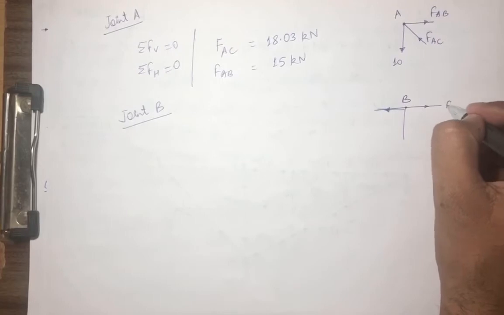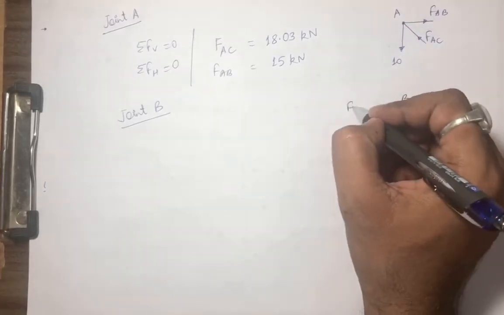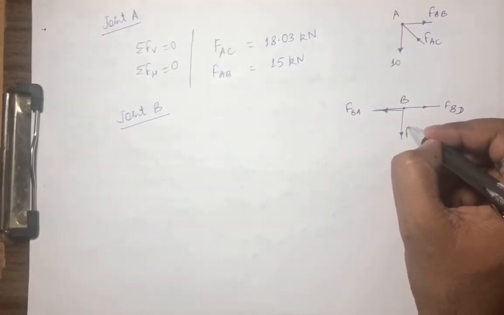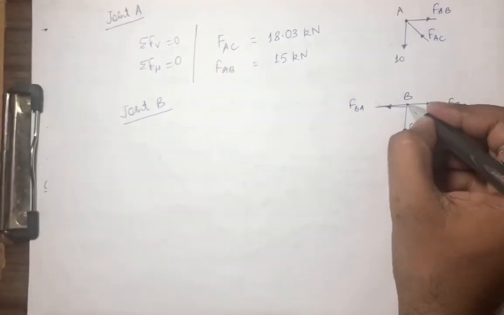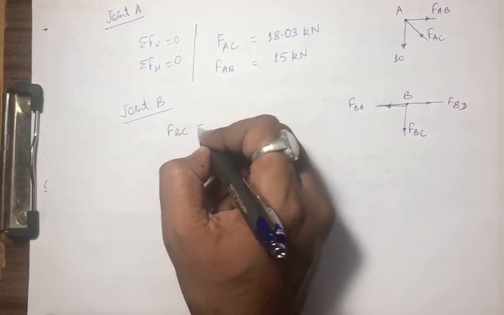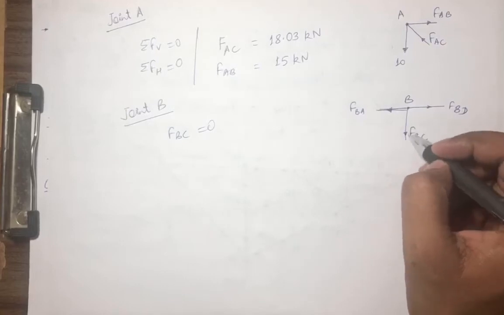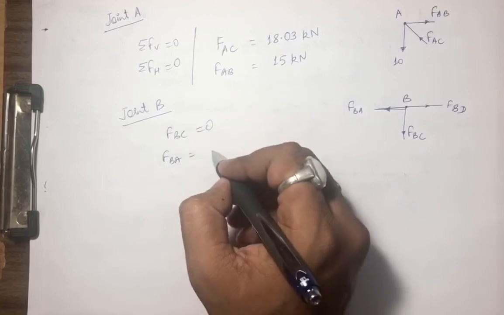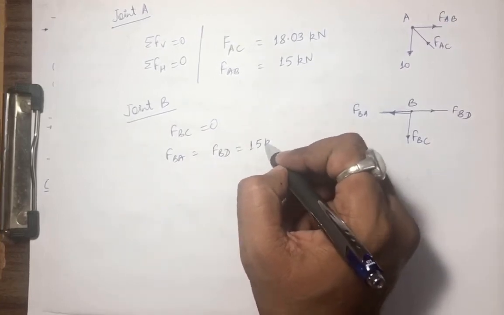This is B, this is BD, this is BA, and this is force in member BC. So at this point no vertical force is there, so this is 0 force. There is nothing to balance this, so this will be 0, and force in BA will be equal to force in BD, and this is equal to 15 kilonewton.